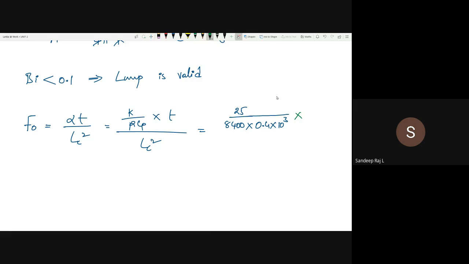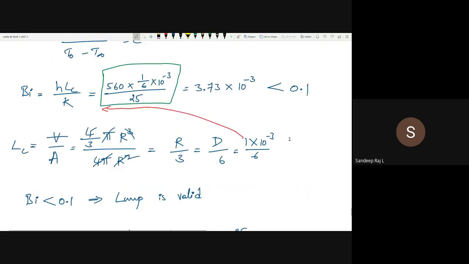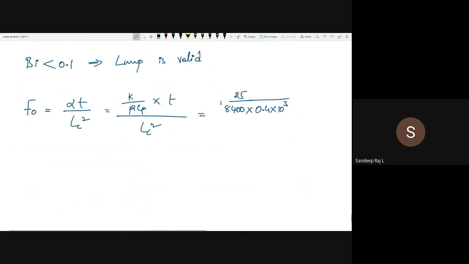Time you don't know, the time value is unknown to you. Time by the LC square is 1 by 6 into 10 to the power of minus 3, whole square. So now you tell me what is Fourier now. It is something into t.